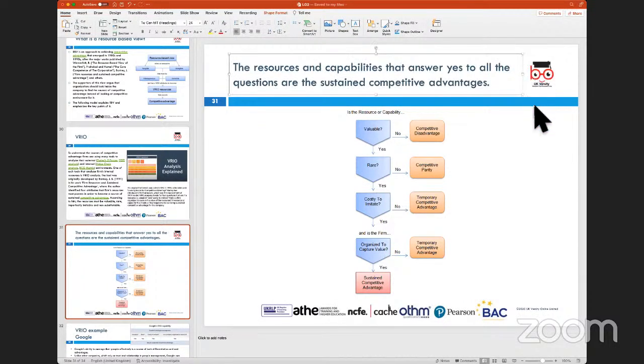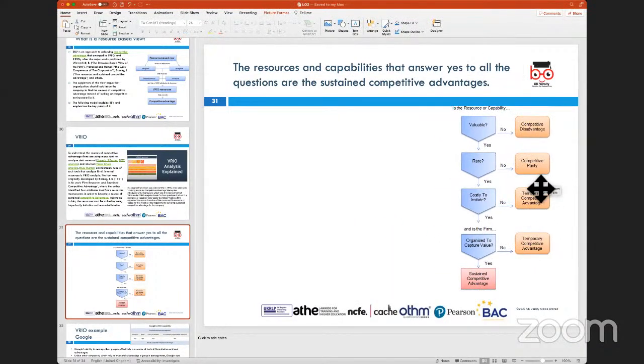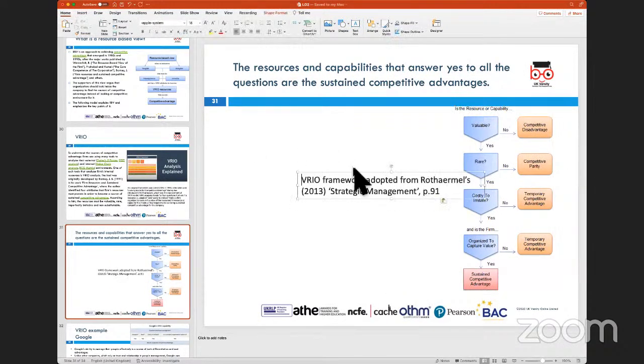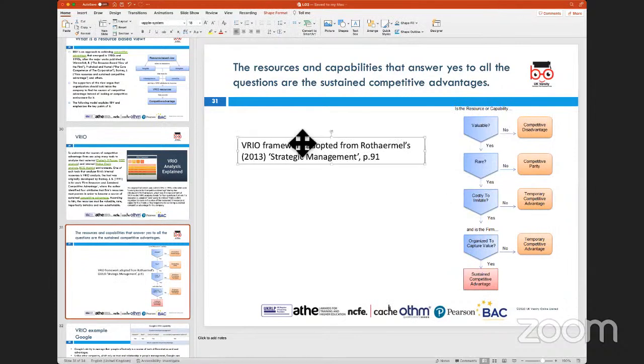So resource-based view leads to what is called the VRIO framework. And the VRIO framework is a very important framework within strategic management because it answers certain key questions which are considered by the management in order to develop a sustainable strategy.